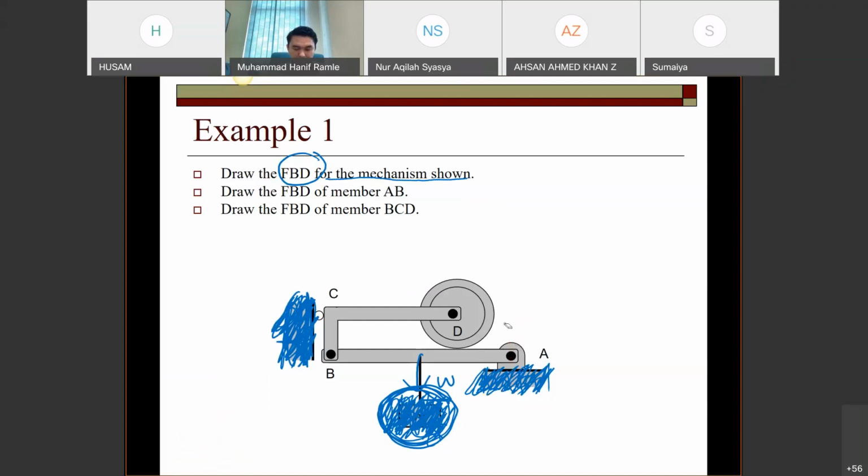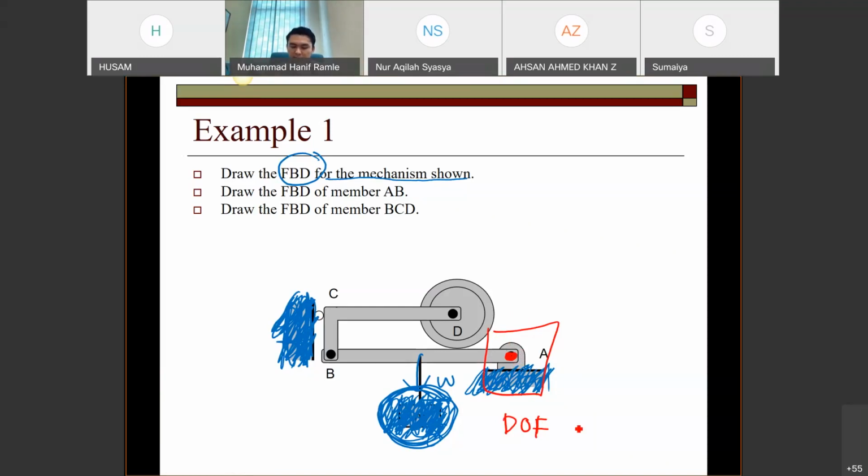Okay, I will explain to you because maybe this is new for you. If you consider point A here, you have to find out the DOF first. This is the pin system.